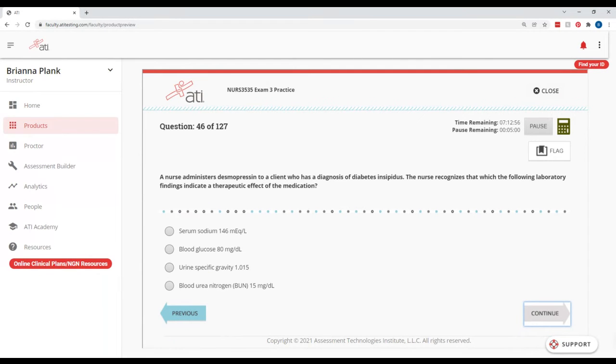Okay, we administer desmopressin to a client that has a diagnosis of diabetes insipidus. Which of the following laboratory findings indicates a therapeutic effective medication?